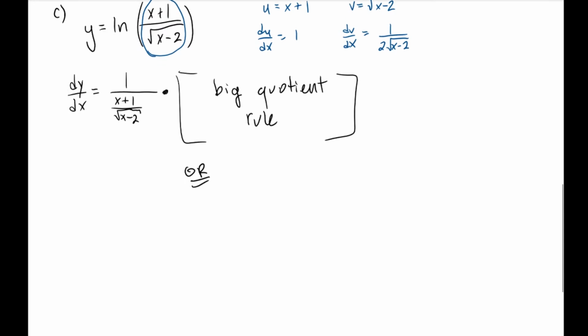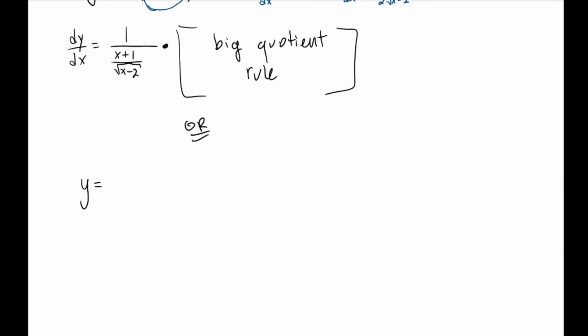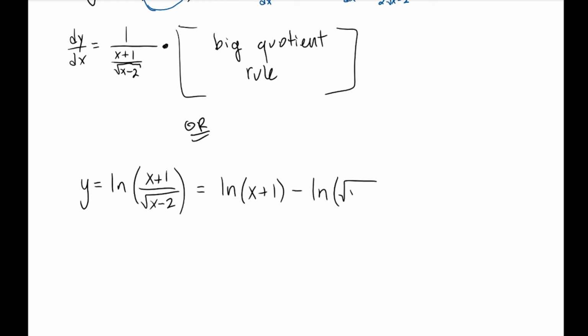But here's what I'm going to do. I'm going to take that function that we started with, ln of x plus 1 over root x minus 2, and I am going to use my logarithm laws to split it up, because I know when I have a ln of two things divided, I can split it up like this and write it as ln of x plus 1 minus ln of root x minus 2.